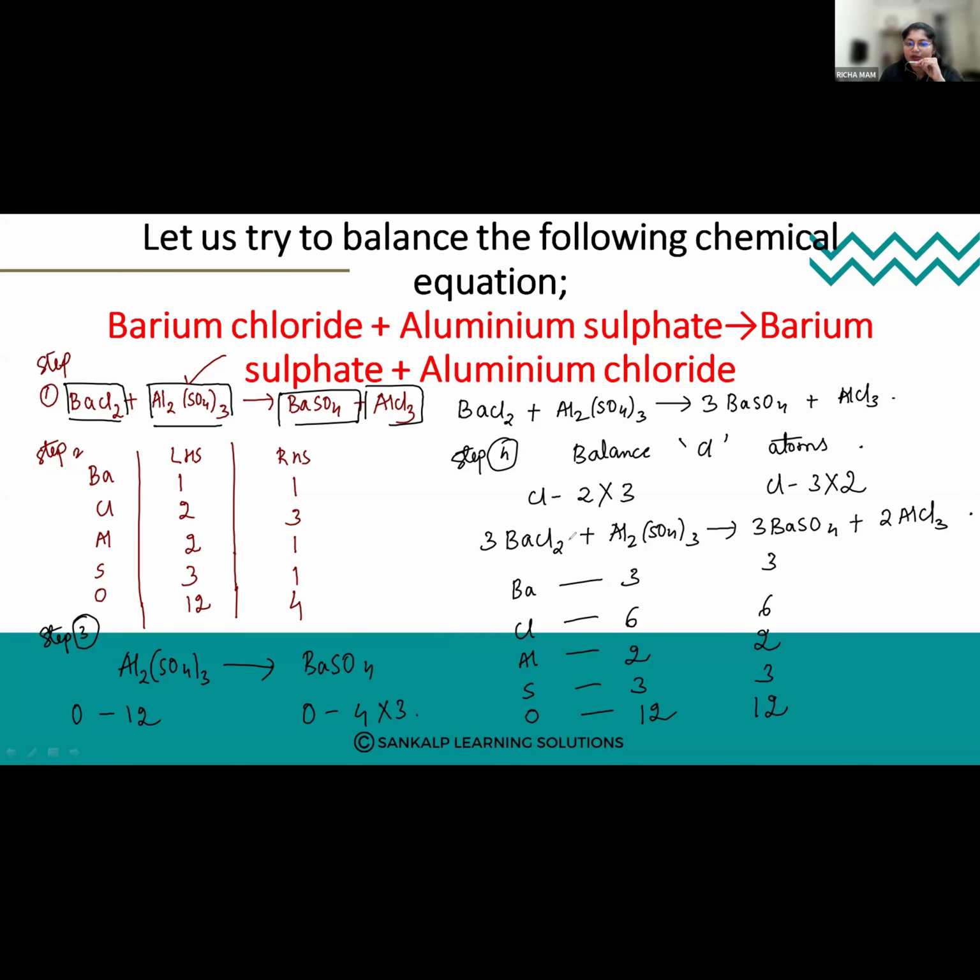So it will be barium chloride, solid, giving you aluminum sulfate, barium sulfate, and aluminum chloride. So these are your chemical states. After writing this, this completes your balanced chemical equation. So like this, you have to write the balanced chemical equation.